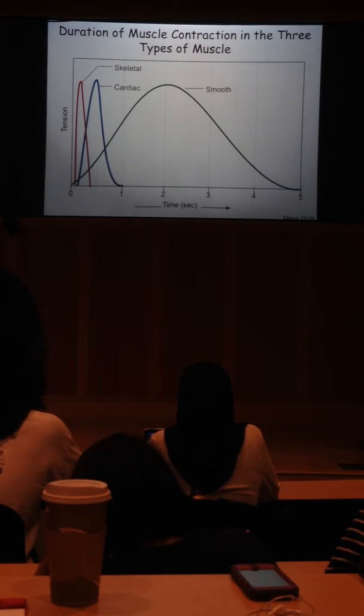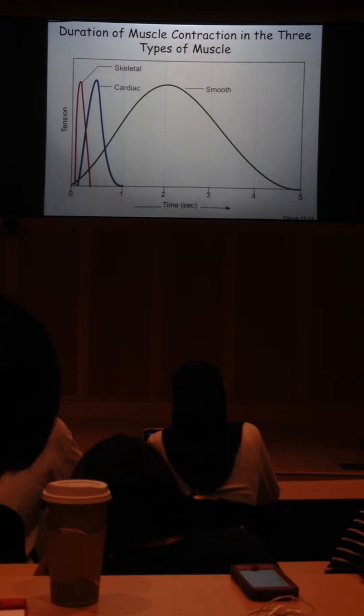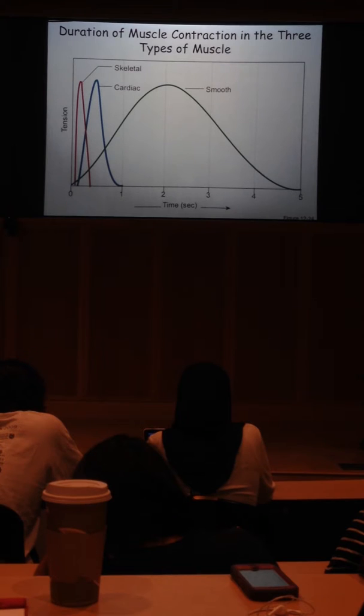As a result, you're getting calcium for a longer period of time in the cardiac muscle, and that will give you a delay and a much longer lasting contraction. The delay also takes place because it takes some time to open the voltage-gated calcium channels, and the whole process is longer. But skeletal muscle is by far the fastest, and the smooth muscle, as you can see here, is by far the longest lasting.